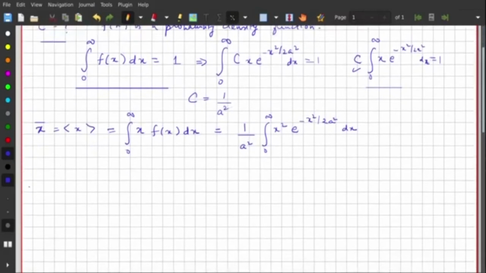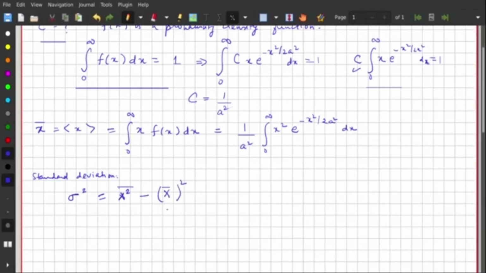Similarly, it can be asked to calculate the standard deviation. To compute it, we know that the square of the standard deviation, also known as the variance, is given as the mean of x square minus the mean squared.